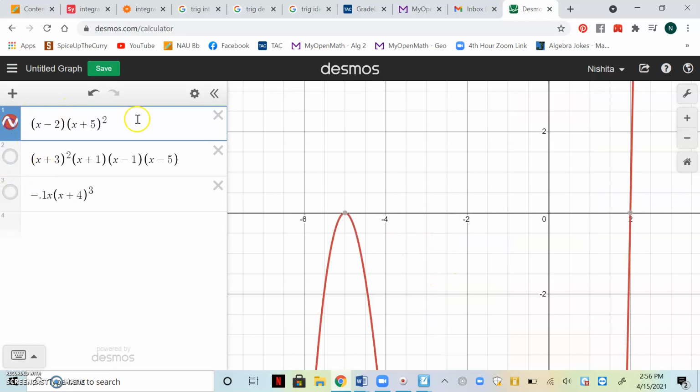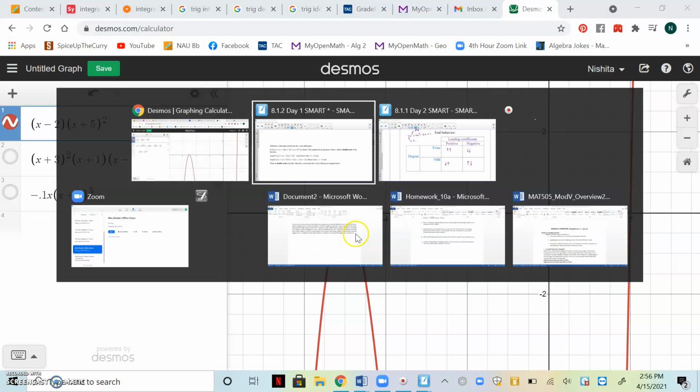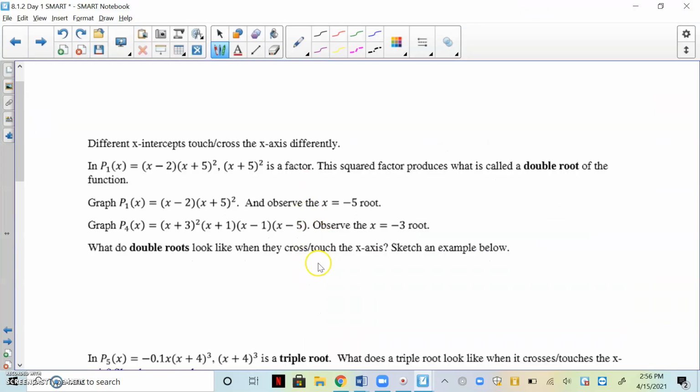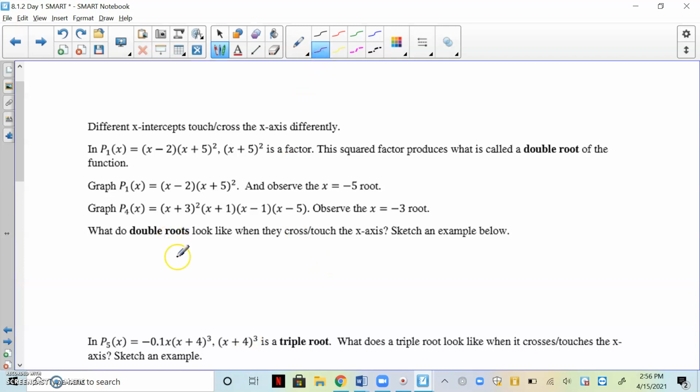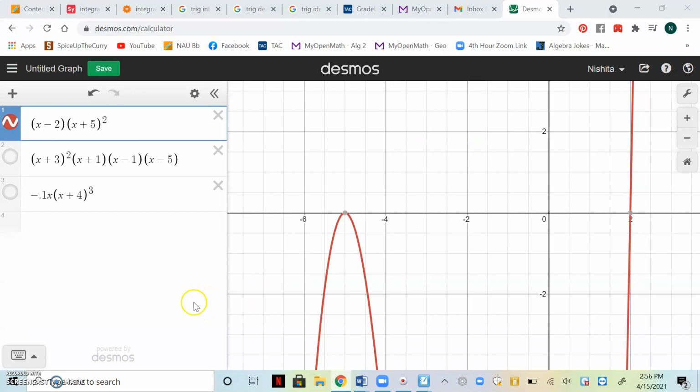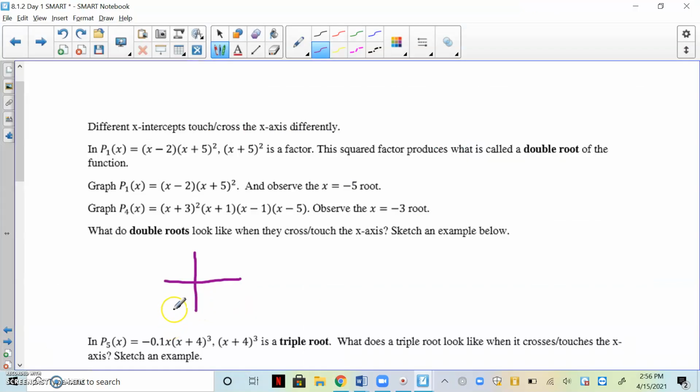So every time we have a squared factor, which we're going to call a double root, that's when you know it should bounce. So we know that double roots look something like this. Okay, and that bouncing spot is the x-intercept that has that part.